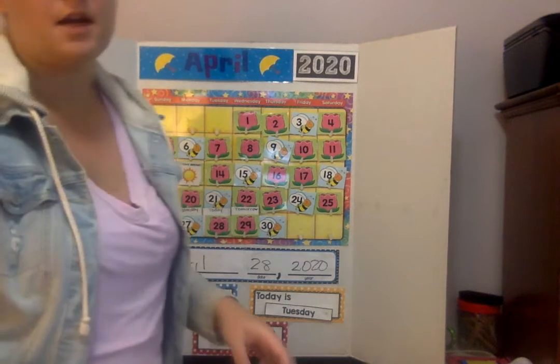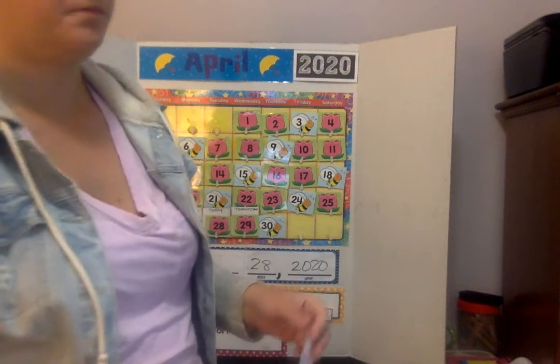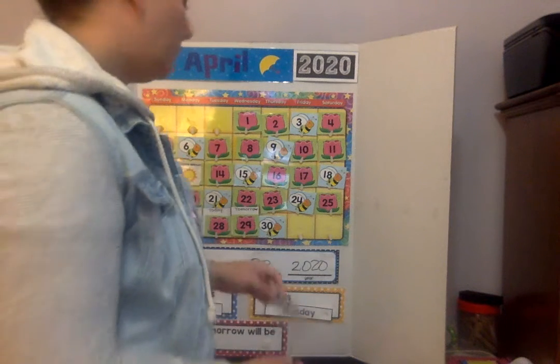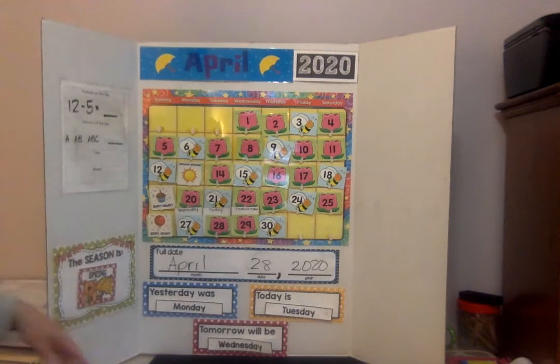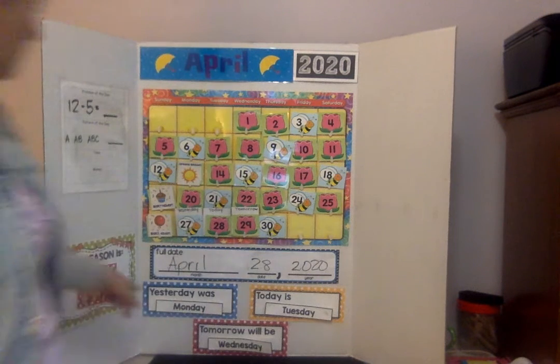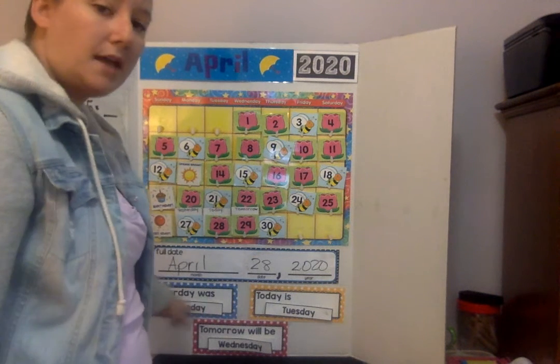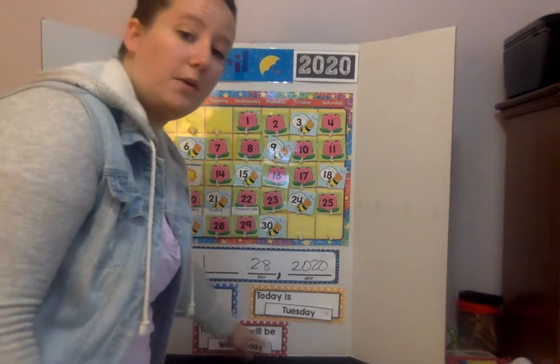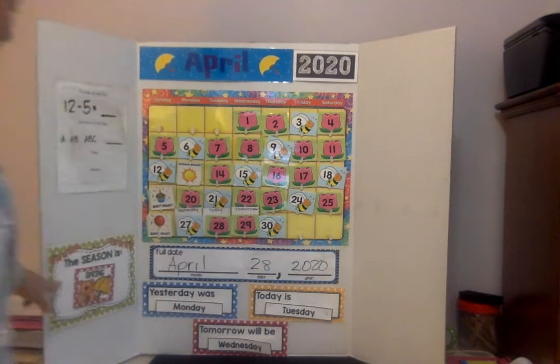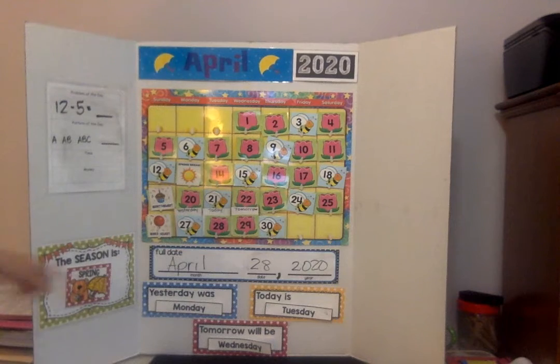After Tuesday comes Wednesday. Very good. So there's our days. Let's read all 3 days and our season. Yesterday was Monday. Today is Tuesday. Tomorrow will be Wednesday. And the season is spring.